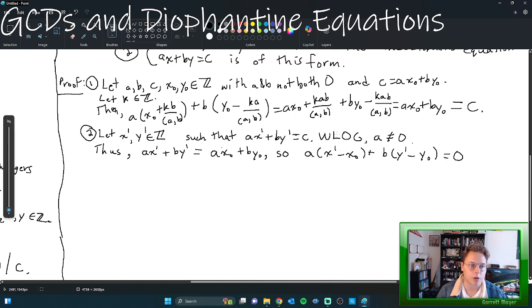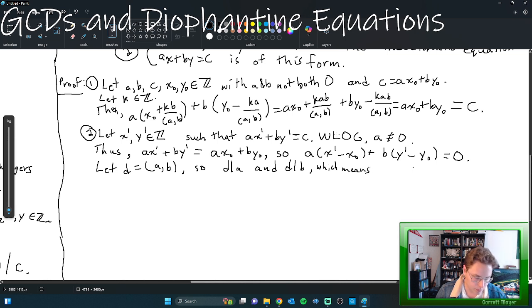And this is just doing some rearranging, just to put it in this simpler form. So now we're going to let d equal the GCD of a and b. So d divides a and d divides b, which means, actually we'll put this on a different line, sorry.